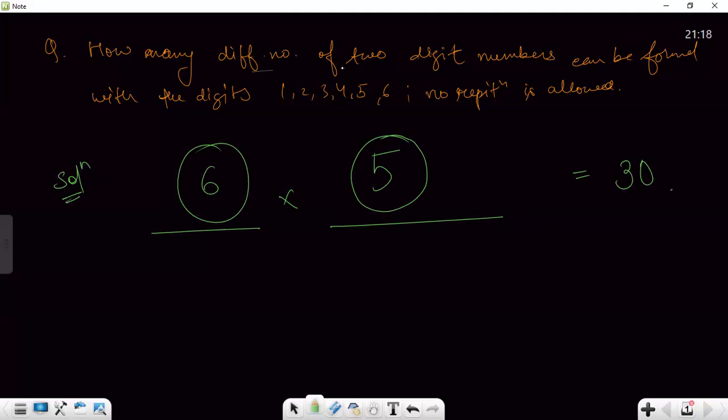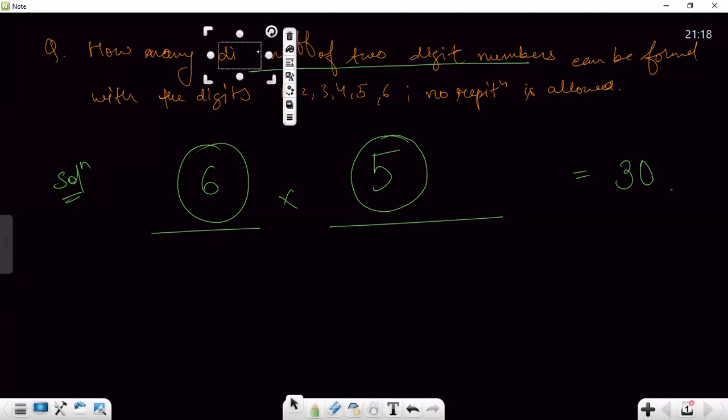So we have to calculate the number of different two-digit numbers. How many different two-digit numbers can we form?